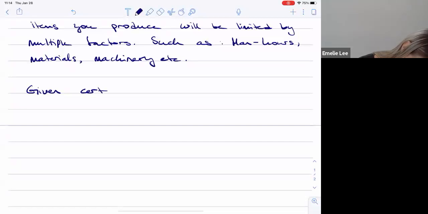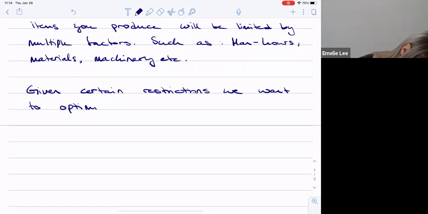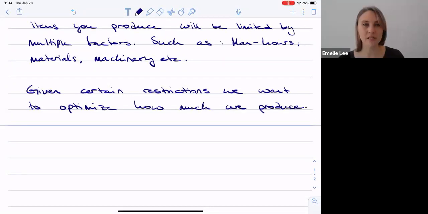So given certain restrictions, we want to optimize how much we produce. Sounds great, right? Okay, that's awesome. How do we do that?